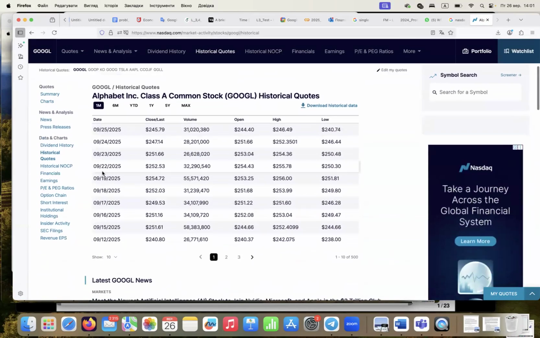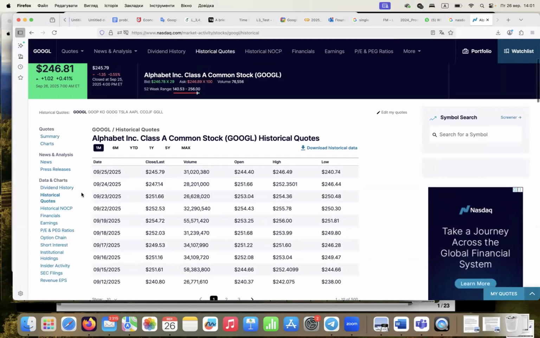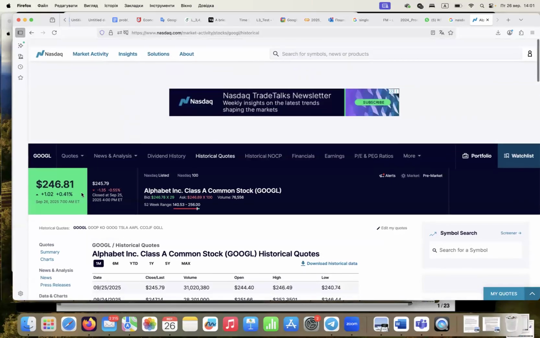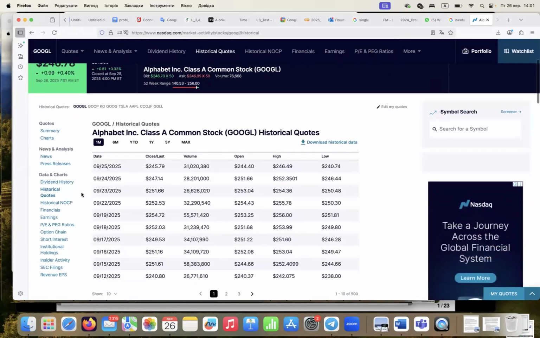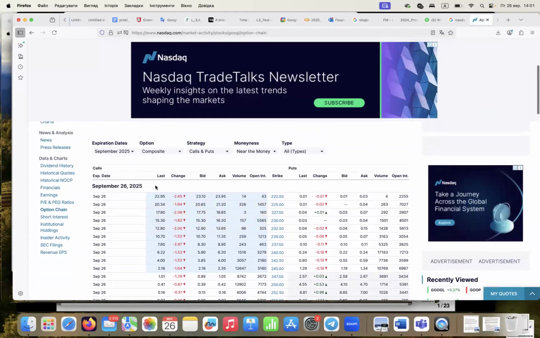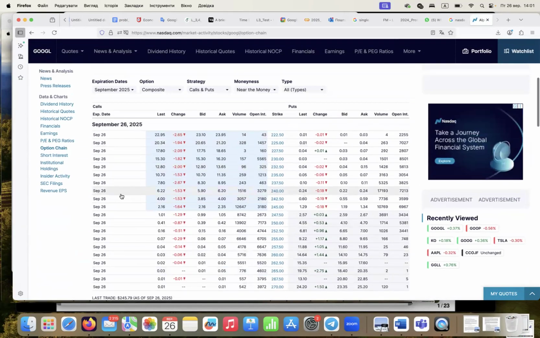And after that, option chain. So you see, first we need to choose the date.